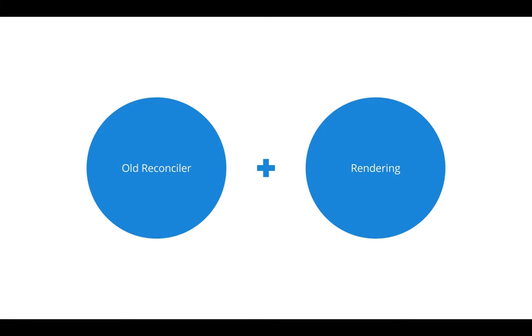Let's take a step back and think about React as mostly being formed out of two major parts. So there's the reconciliation algorithm, which is basically the algorithm that does the difference behind the scenes and outputs the computed difference that needs to be applied to the UI.